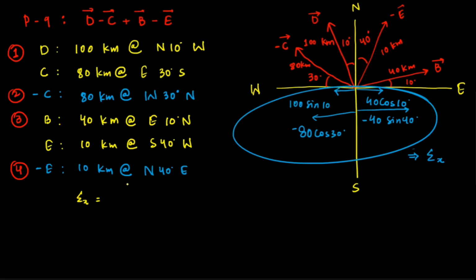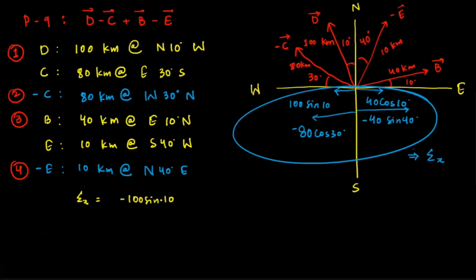That is the tricky thing. You just need to figure it out and add it. So negative sine 10. Why is it negative? Because it is along negative x-axis. So I'm writing the value as negative 100 sine 10.